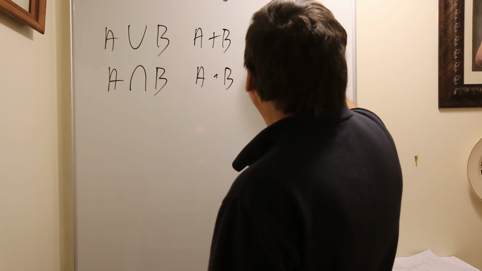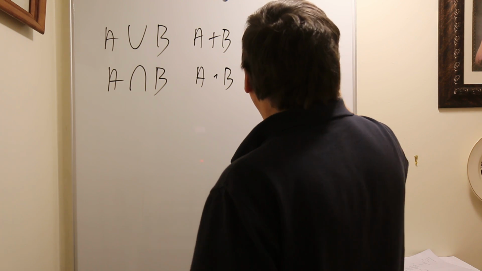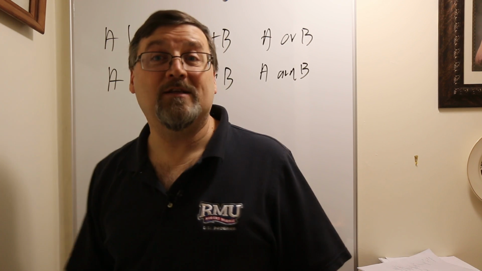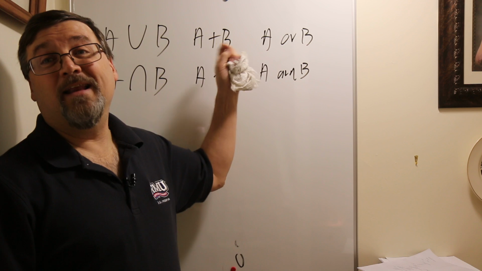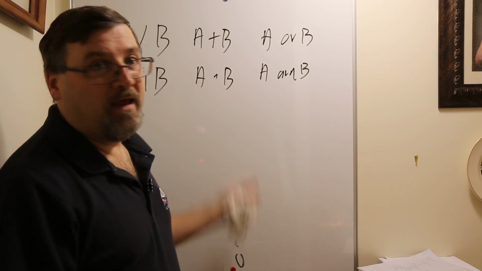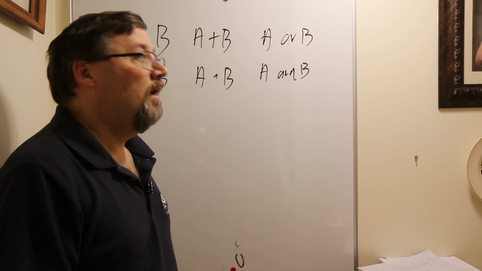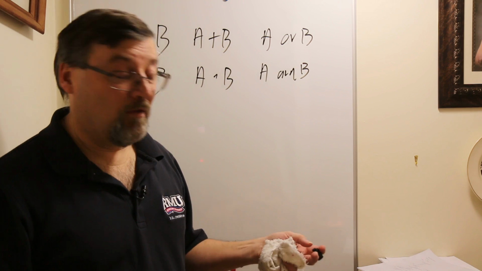So that's A or B, A and B. So if we can see the connection between sets and the truth tables, we can see the connection between sets, truth tables, and Venn diagrams, and binary. So everything all works together, which is why we're learning all this.